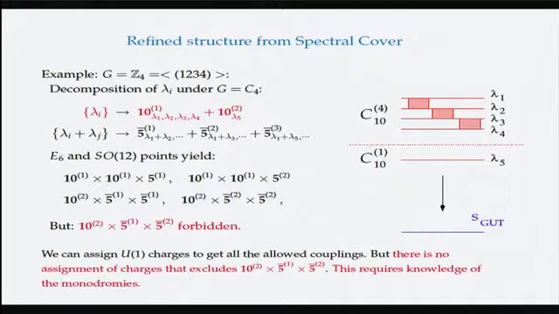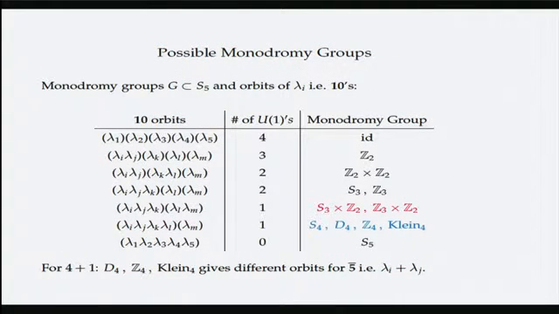Sorry? There's one subgroup of S5 which is missing in this table, the alternating group of S5, yeah. No, so that's... Sorry, the what? That?